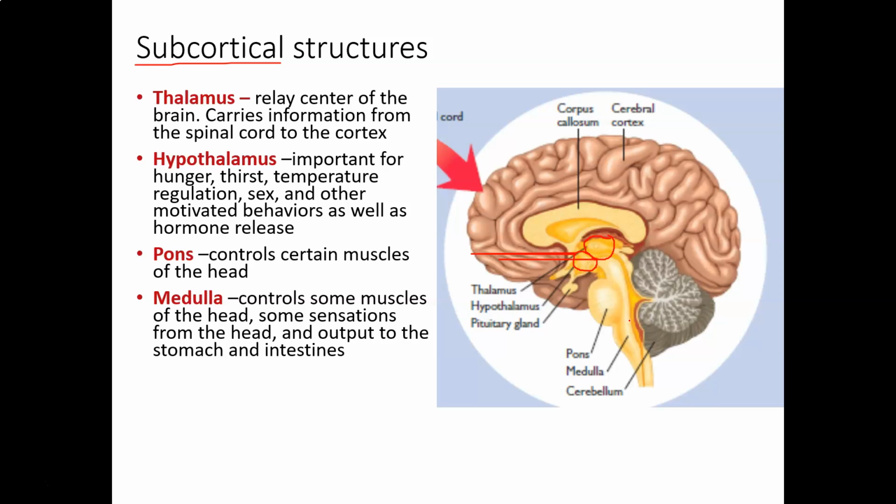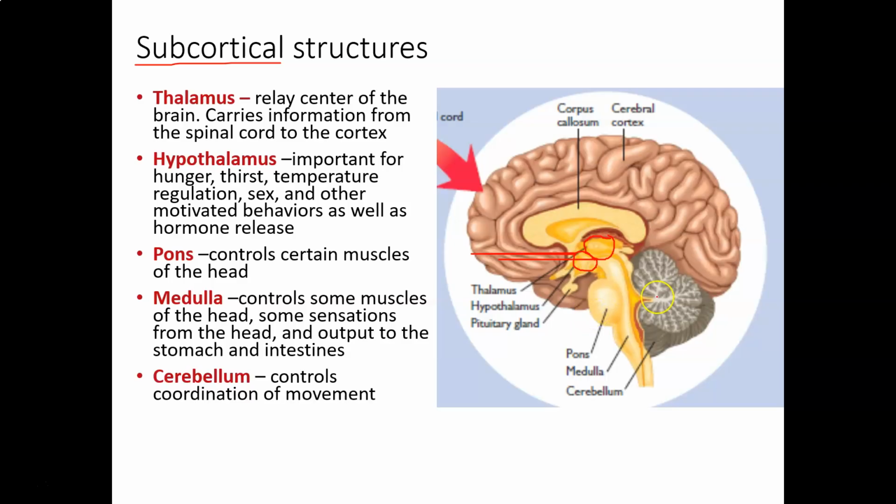If you destroy the medulla in some accident, you would not be able to stay alive, because its sole purpose is to handle the functions that keep you alive, like breathing, heart rate, blood pressure, glucose levels, etc.